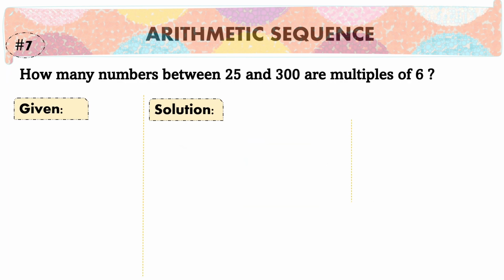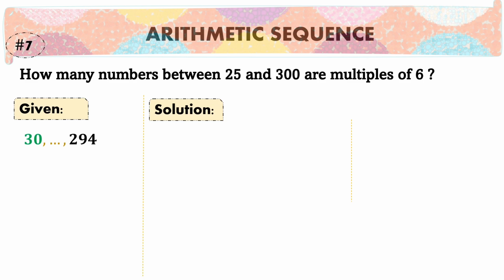Number 7. How many numbers between 25 and 300 are multiples of 6? So given, that's between 25 and 300.